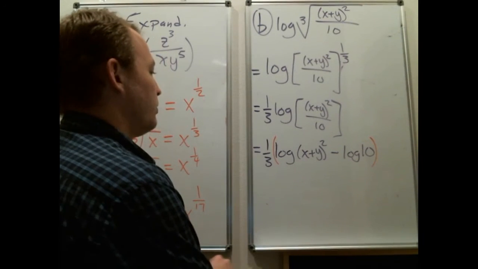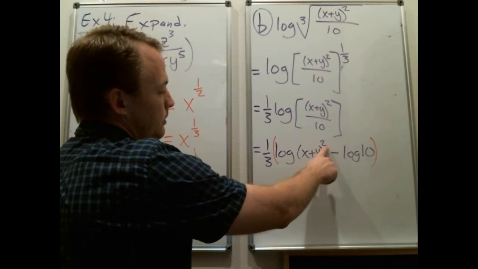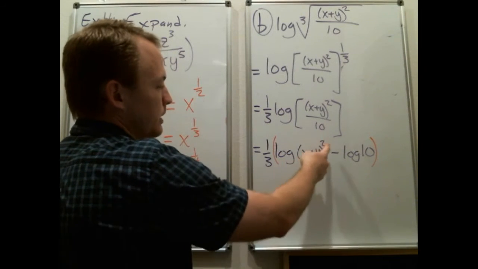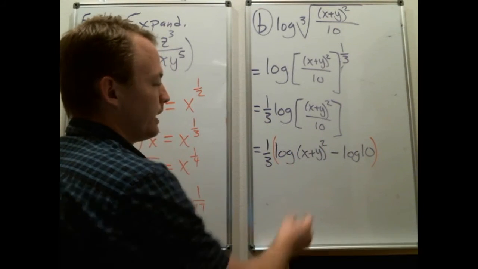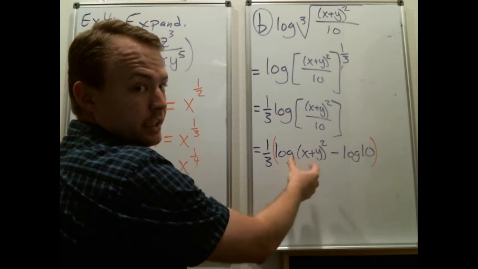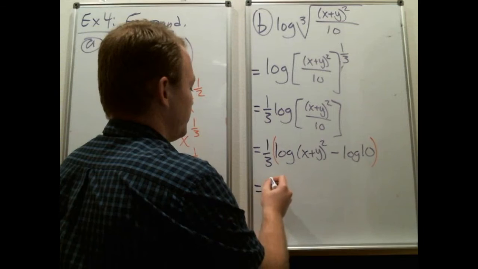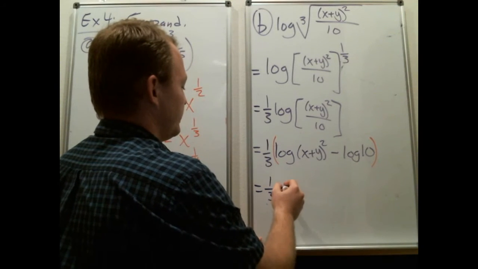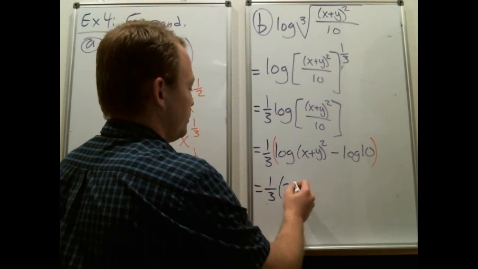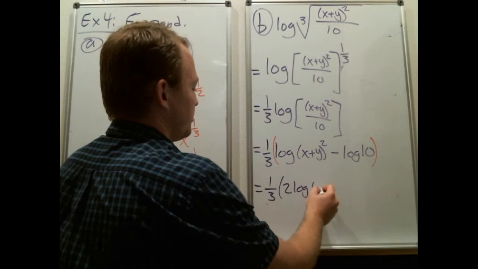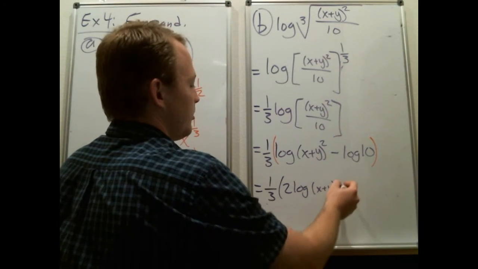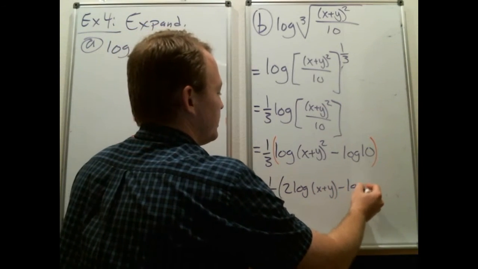Alright, so here we have the power, so we can bring this 2 down. We can't do anything inside these parentheses because it's x plus y, so there's nothing we can do there. We're not multiplying, dividing, or anything. So we have 2 log x plus y minus log 10.